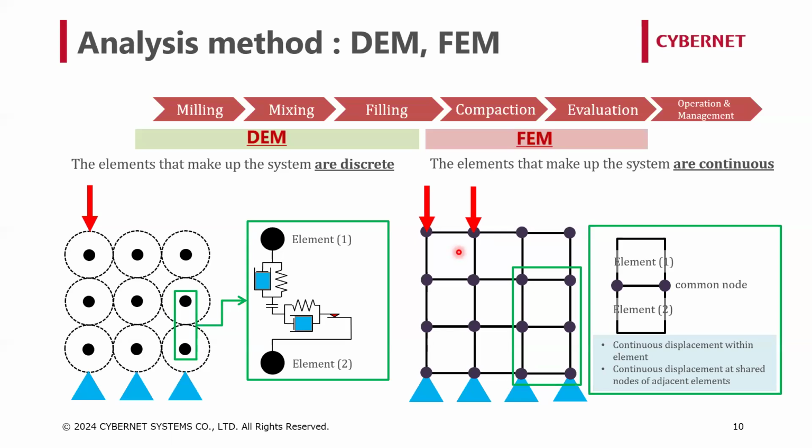For example, if a force is applied to a part of the surface, the element will not fly away and the force will be transmitted to the neighboring elements. As a result, it will be possible to evaluate in detail how the entire shape is deformed. Stress and strain distribution in the system can also be observed in detail.